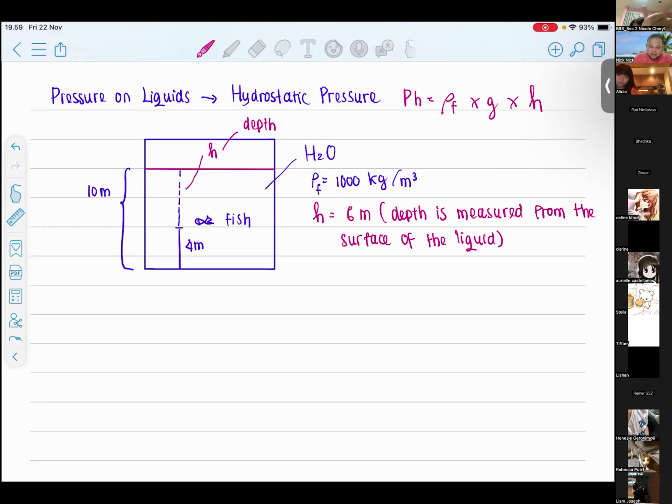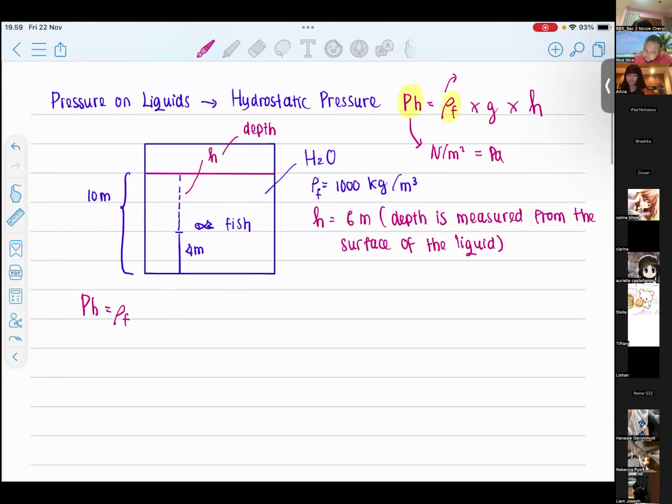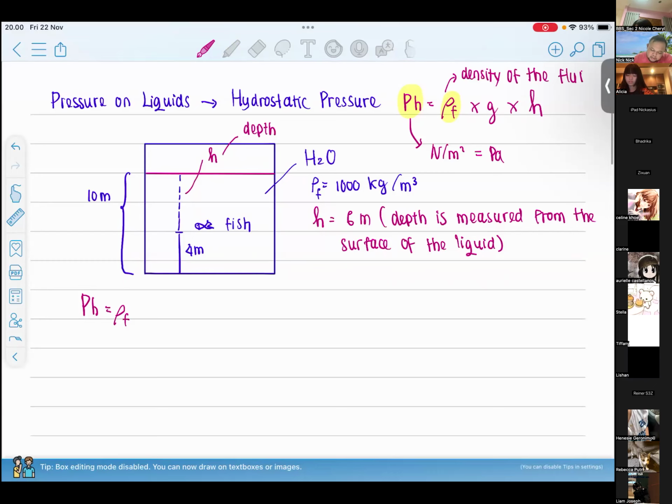So, to calculate the hydrostatic pressure, the unit of hydrostatic pressure is just the same as other pressure. It is Newton per meter square or pascals, right? So density of fluid, rho F, is what, students? Density of the fluid times g times the depth.